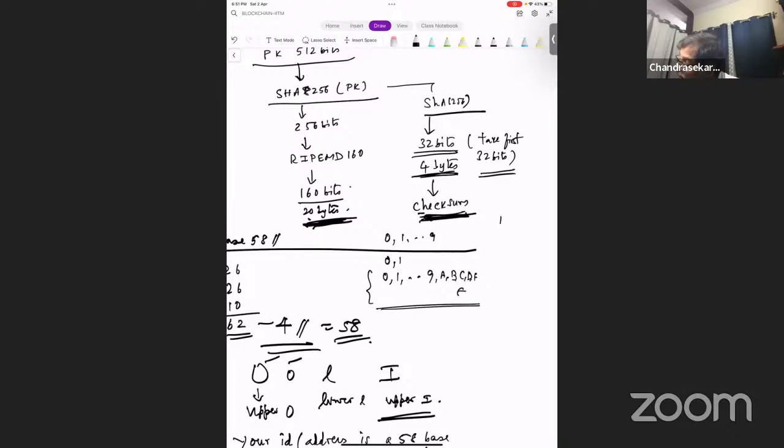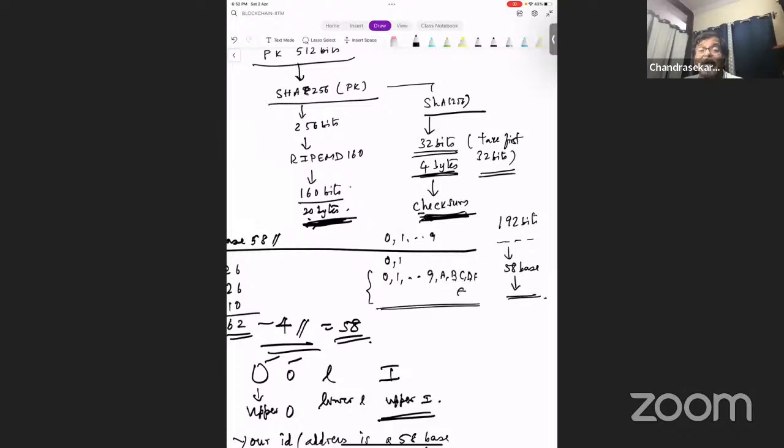24 bytes means 192 bits. That 192-bit long string you converted into base 58, and that is your ID. Your ID is always this. It has the public key in it.